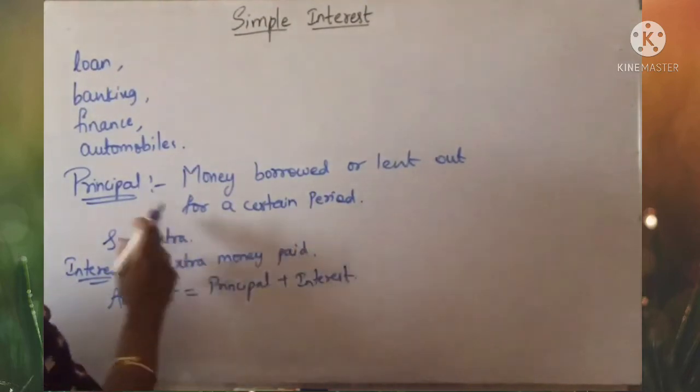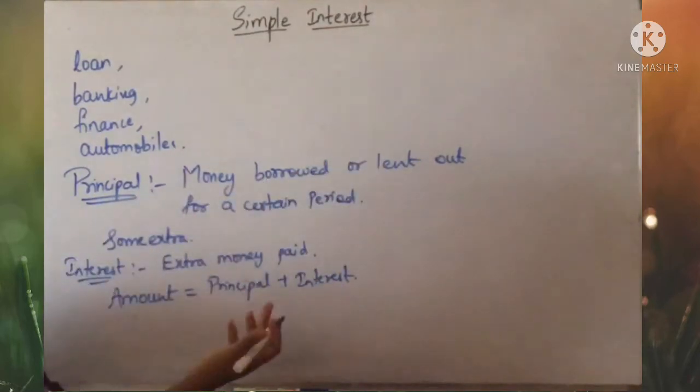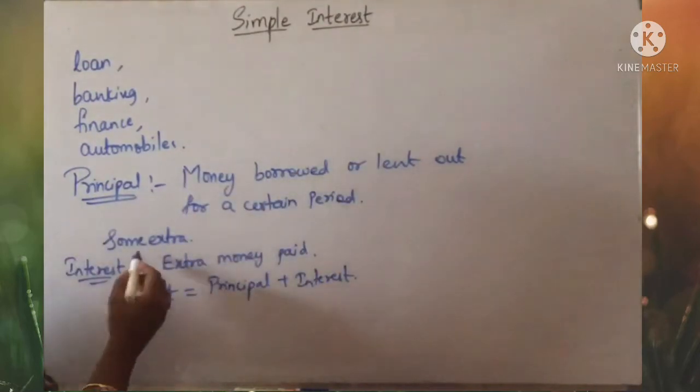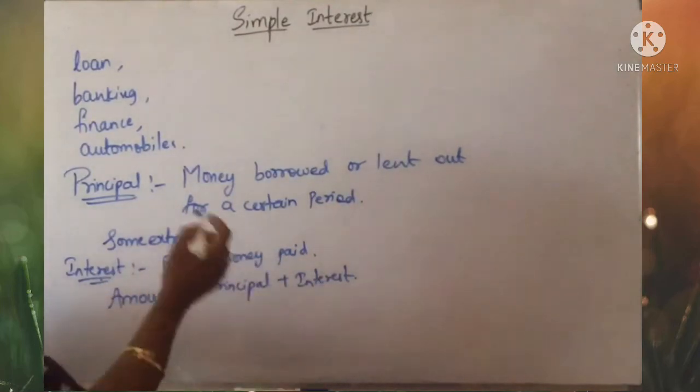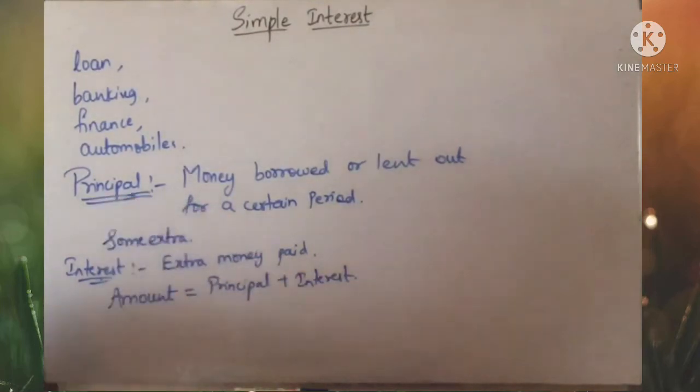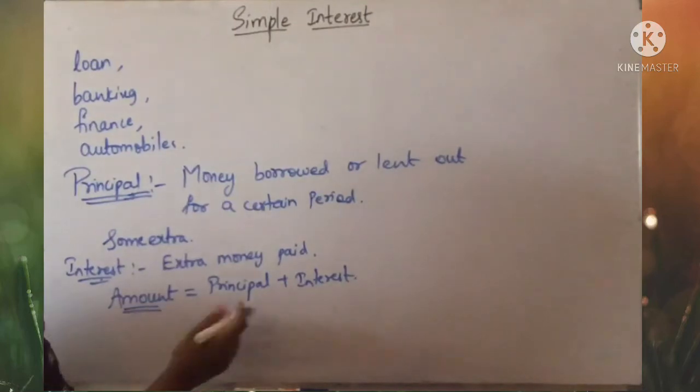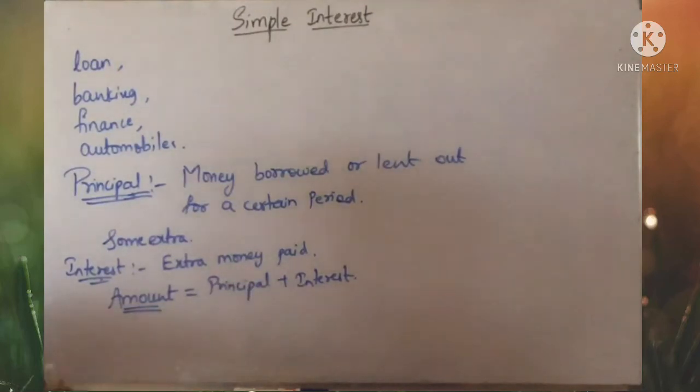So principal is nothing but the money borrowed or lent out for a certain period, and the interest is nothing but the extra money we are paying back for usage of this principal, and the amount is nothing but the principal plus interest. So interest is generally expressed as a percent of the principal for a period of 1 year.